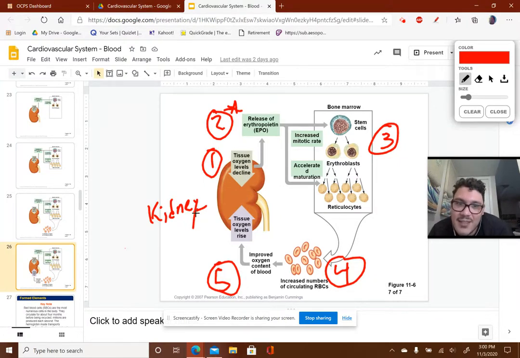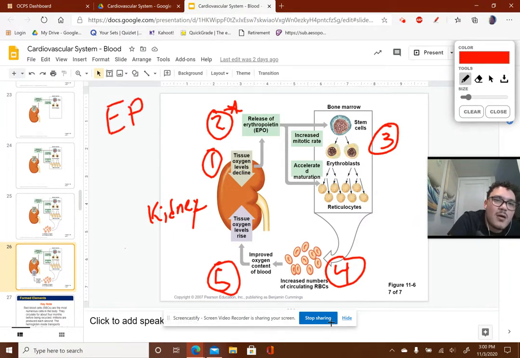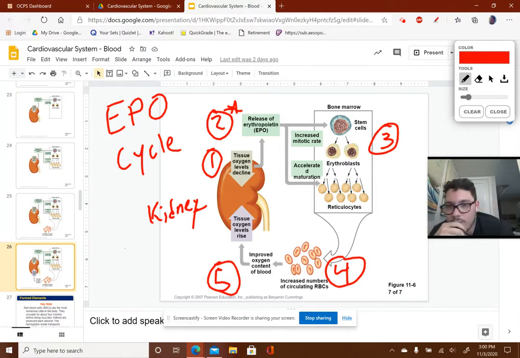The stage 6 in this context would be because your levels of oxygen rise up in the kidneys, you don't need any more EPO. So you stop secreting it. This whole process is referred to as the EPO cycle. This is stuff we definitely need to know for sure.